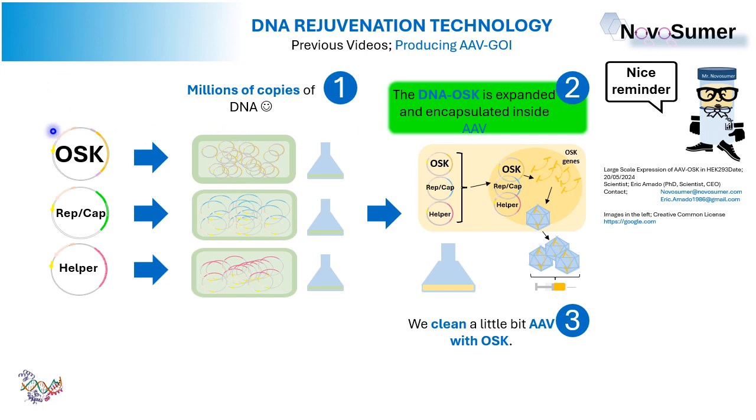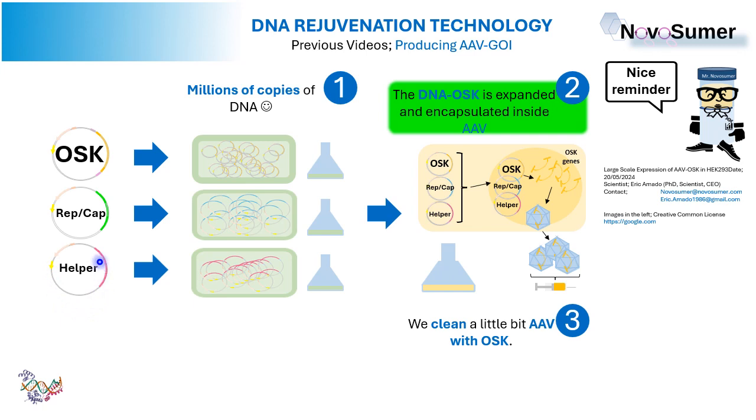Well, remember, we had to design good DNA with the OSK genes. This is the DNA. We had to design good DNA with the RepCap genes. These are in charge of producing the EV particles and the helper DNA. This DNA will help the process.